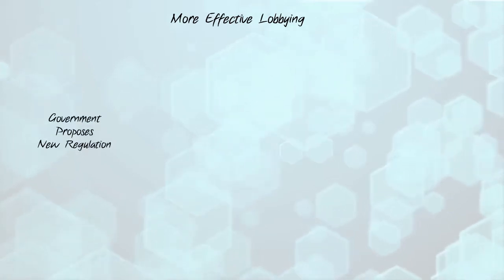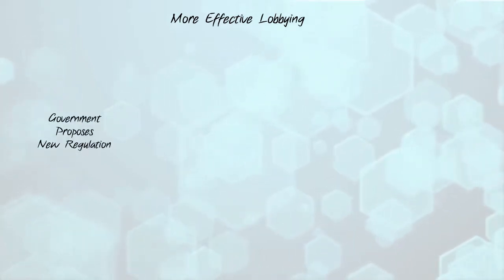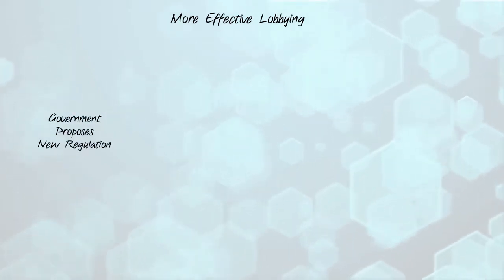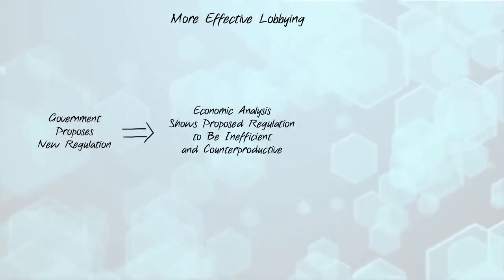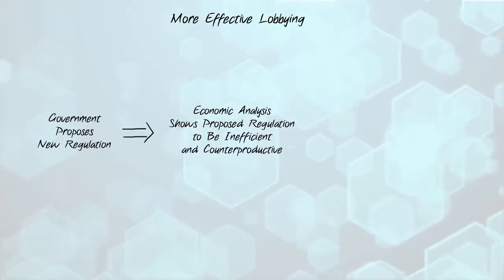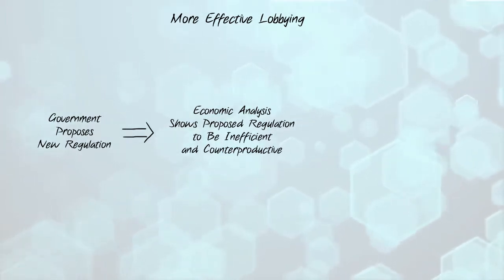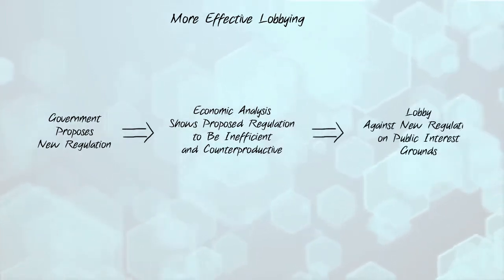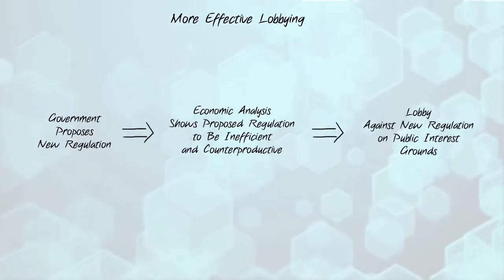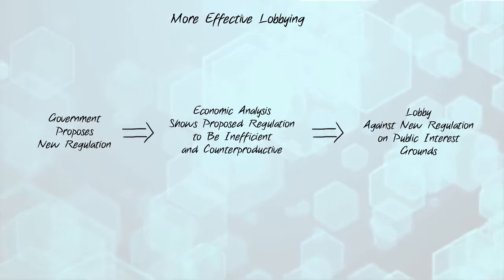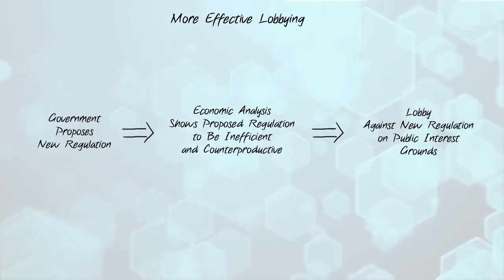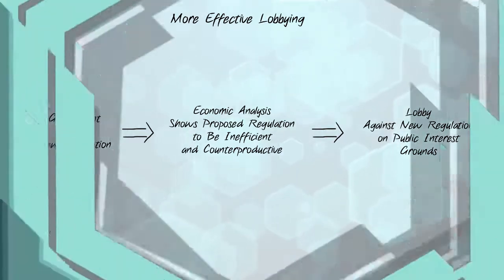For example, your company may face a regulation or a tax that microeconomic analysis may reveal to be totally inefficient and counterproductive. Armed with that analysis, it will be much easier for your firm and lobbying team to argue against the proposed regulation or tax on public interest grounds, rather than just opposing the policy change because it might hurt your company's bottom line.